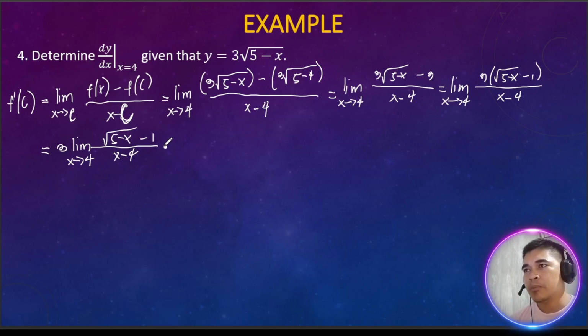We can apply the previous chapter here, right? Next, we can multiply this radical by square root of 5 minus x plus 1 over square root of 5 minus x plus 1.